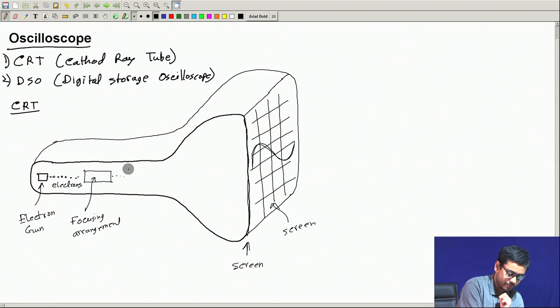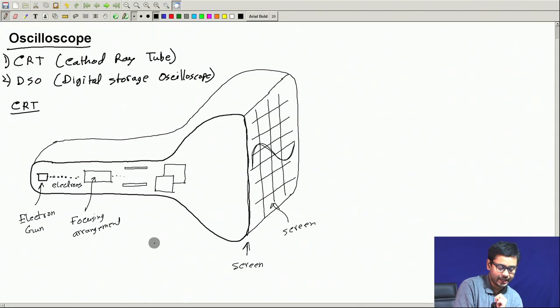One is a set of horizontal plates, so these are the two plates, and there are two vertical plates like this. This is one, and behind that this is another. Okay.